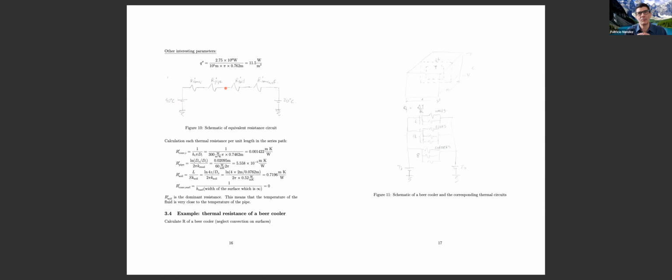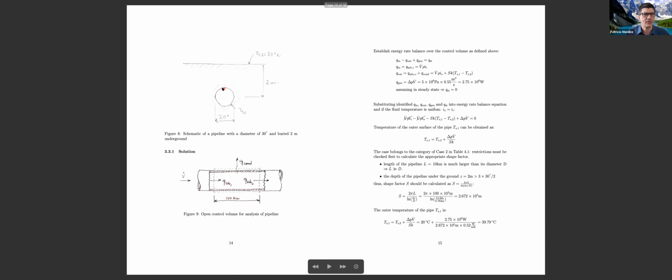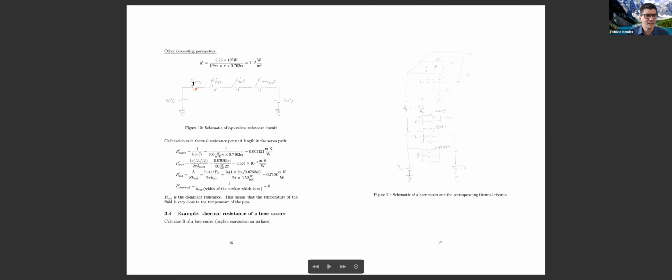So when we calculated pretty much 40 degrees for the temperature of the soil, because the resistance of convection and the resistance of conduction through the pipe are so small, that means that the fluid inside the pipe is more or less at the same temperature as the inner surface, this part of the soil. We can say that only because these resistances, convection and conduction through the pipe, are so small.